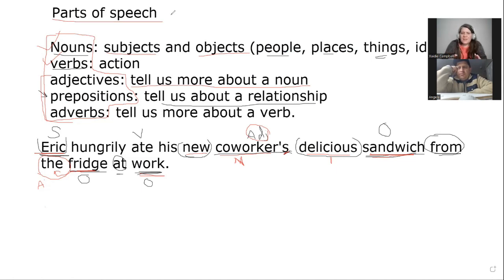We have taken these words, these ideas, from Latin. For a long time, we tried to make English fit Latin grammar, but it doesn't fit Latin grammar. So we have to think about two different things when we talk about parts of speech.